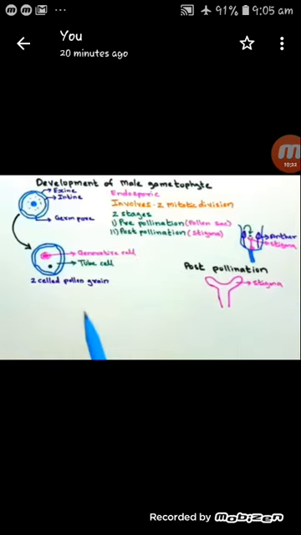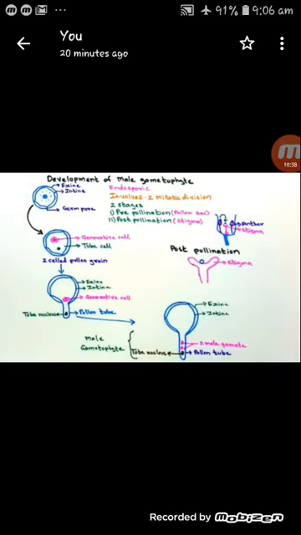So if you look over here, ये two-celled pollen grain, look at the diagram. The two-celled pollen grain gets deposited on the stigma. यहाँ पर post-pollination शुरू होता है. So when the two-celled pollen grain deposits on the stigma, it comes in contact with sugary stigmatic secretions and absorbs it.